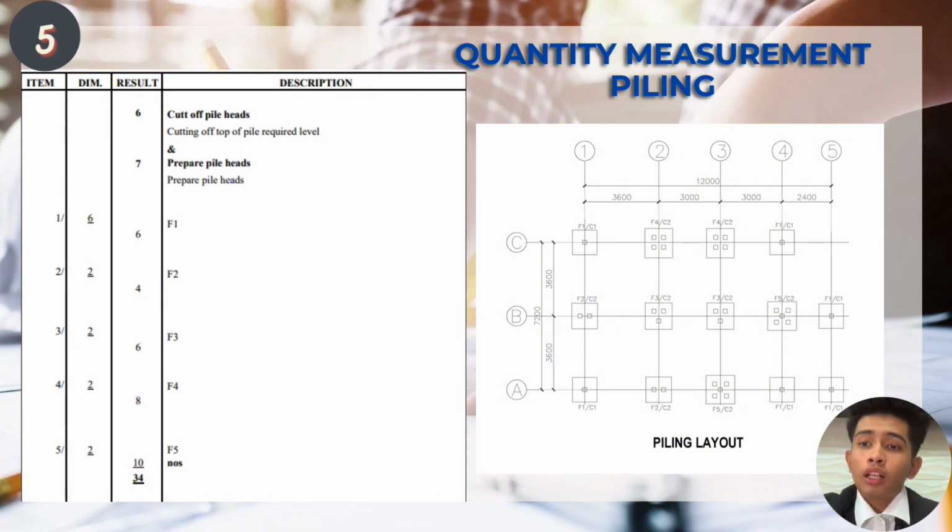And then you will calculate all these formworks, so you will get the total, which is 34 nos. So that is our piling calculation based on the column and formwork.